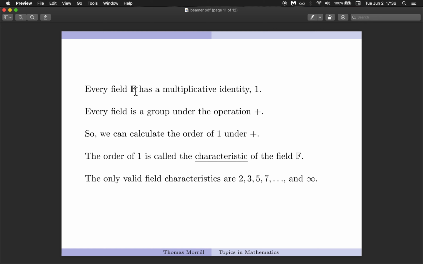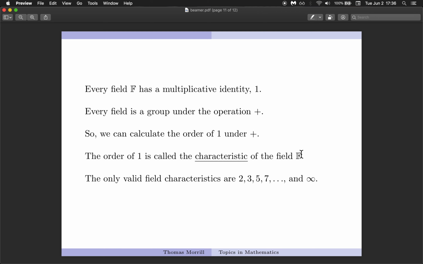The order of 1 is the smallest integer n so that n copies of 1 makes 0, right? Because 0 is the additive identity. So this is a tool that we've used before to understand how groups work.